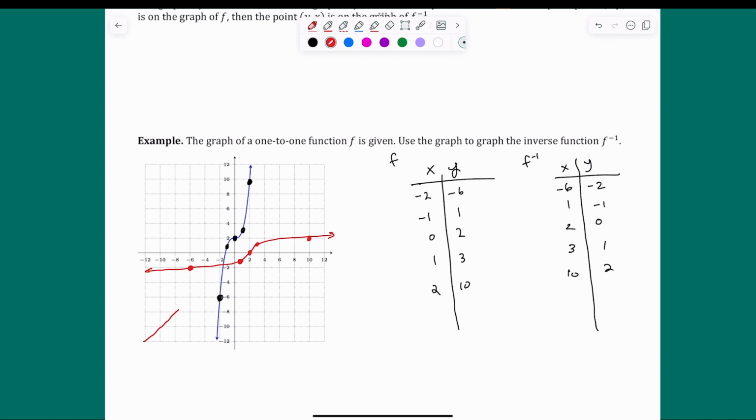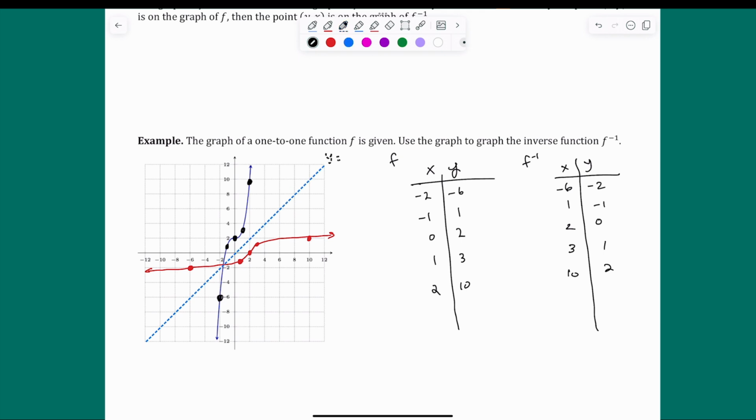If we graph y equal to x, which is just a line going through the origin with a slope of 1, it looks something like that. Let me change that color so it looks different, and actually make it dotted as well. That would be the line y equal to x.